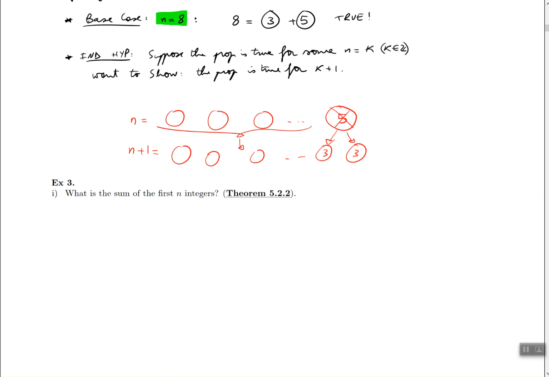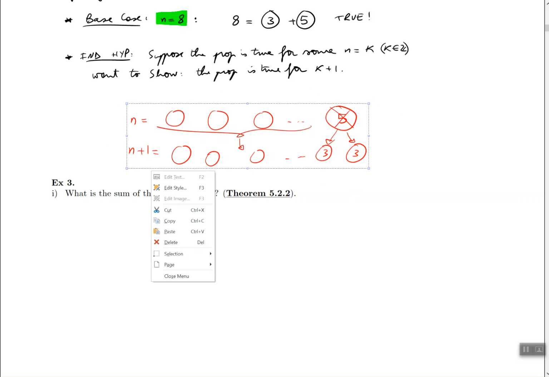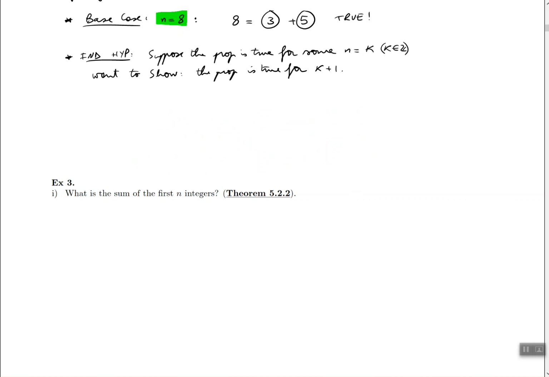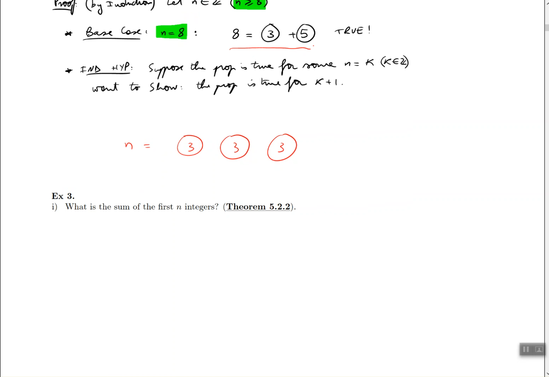Now, what if your number did not have the 5? What if your number has only 3-cent coins? Well, remember, n has to be at least 8, so it cannot have just 2 3-cent coins. The minimum it's going to have is 3 3-cent coins, because 8 is already 3 and 5, we've proven that, and 9 would be 3, 3, 3.